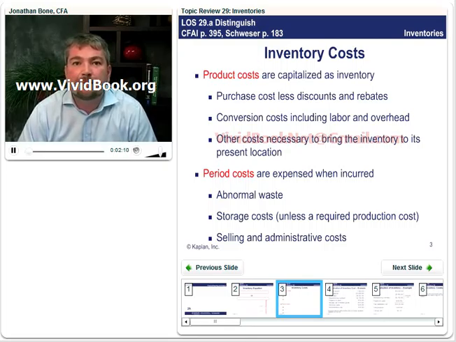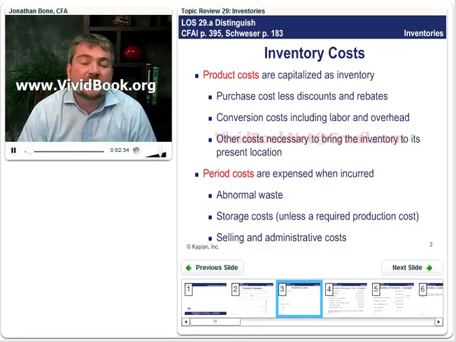Now, period costs are ones that are going to hit the income statement rather than being included in inventory. Abnormal waste: our material and labor should be based on the standard cost of production, and any overruns are deemed abnormal and should be expensed. Storage of our finished goods wouldn't be included.